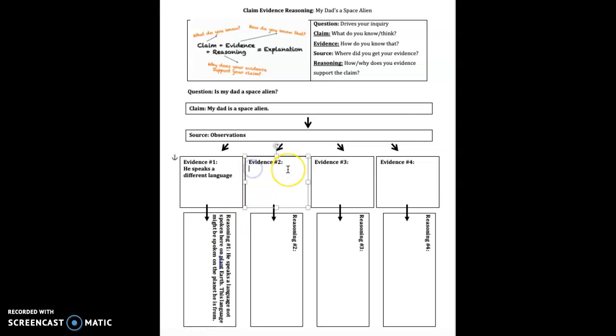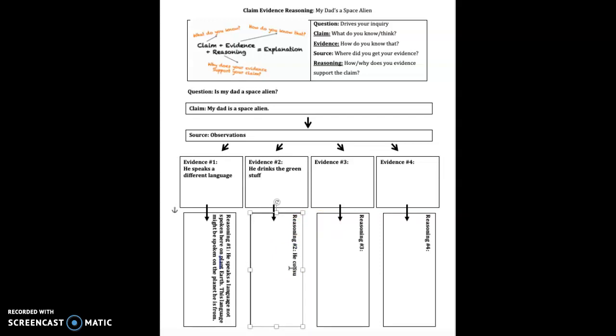Okay, so our second piece of evidence was the second thing that she notices is that he drinks the green stuff. So how does him drinking the green stuff support the idea that he's an alien?